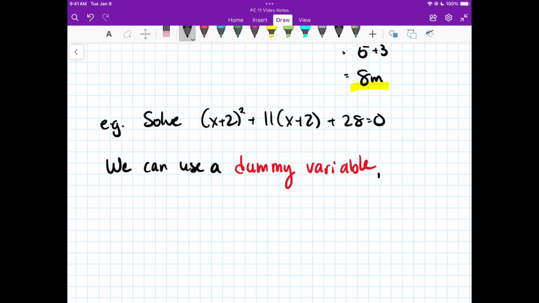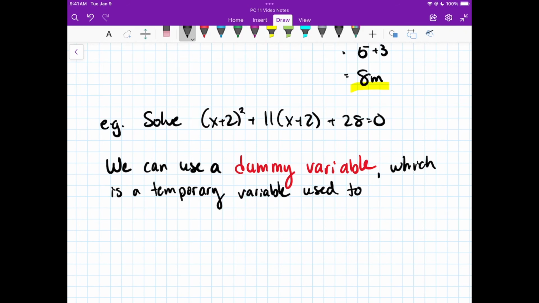And so a dummy variable is just a variable that is going to temporarily stand in for something. In this case, it's going to stand in for those x plus 2s that we don't really like. So it's sort of like a temporary fake variable. We're not going to have it in our answer. It's just going to be something that we're going to use while we're solving to make things look a little bit easier.